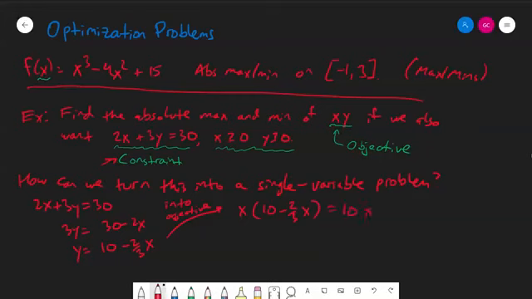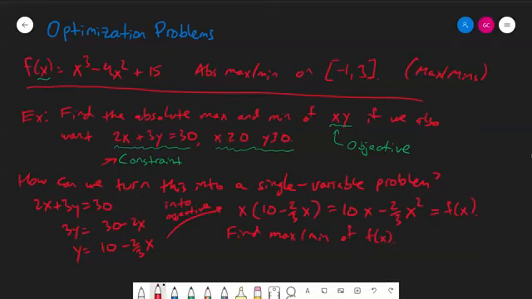So in other words, it's 10x minus 2/3 x squared. So maybe now I'll go ahead and call that f of x. And so the problem now has become to find the absolute max and minimum of this function f of x.